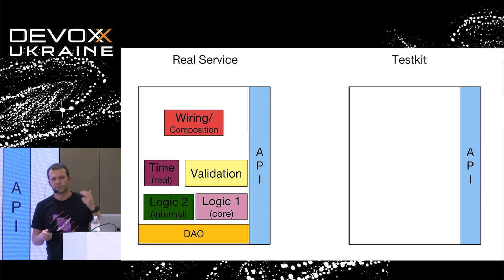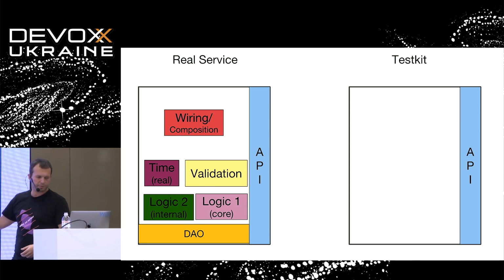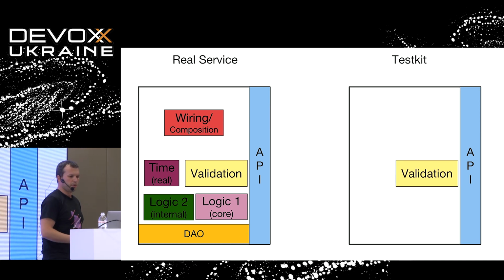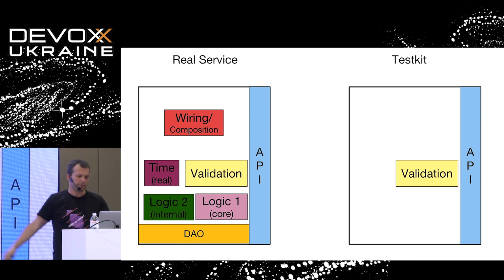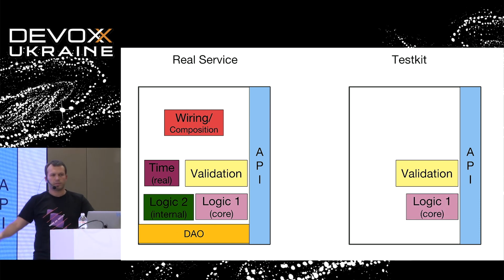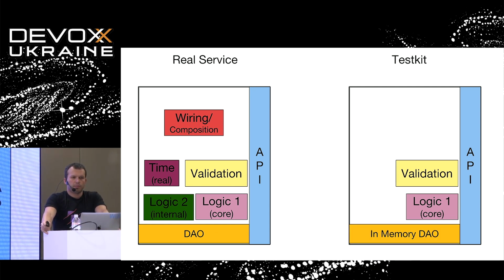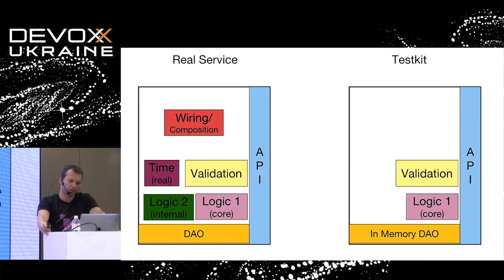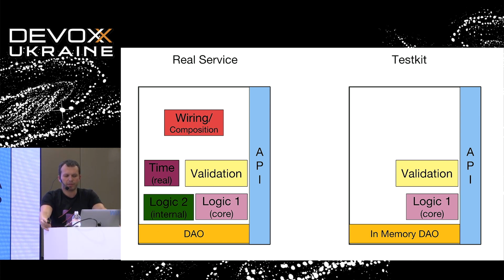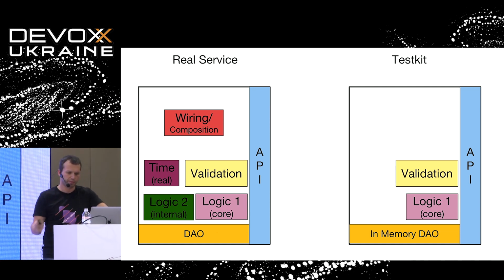Once you start understanding this, you say, okay, instead of this mock or fake here, I want to use the real logic. So you start taking parts from here. You say, okay, I do want to take the validation part. I also want to take some logic, the core logic. I also want to take the DAO, but I don't want to require a database here, so I will replace it with the in-memory DAO. We'll talk about it very soon.